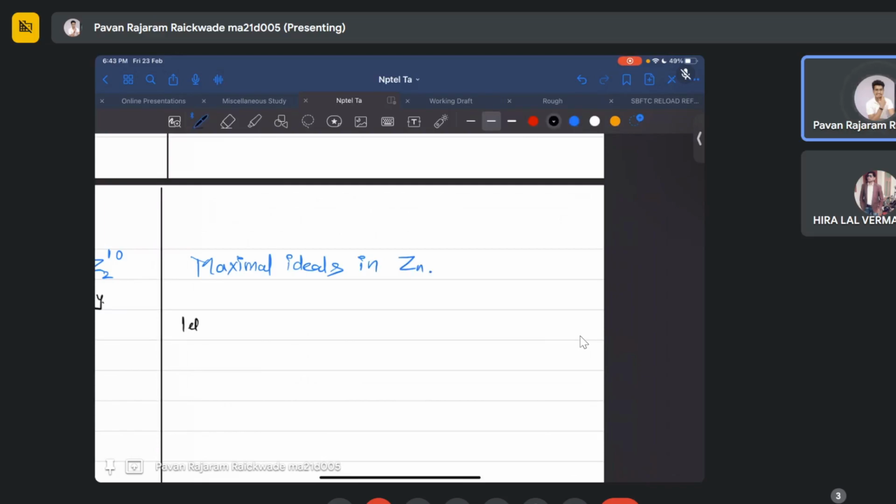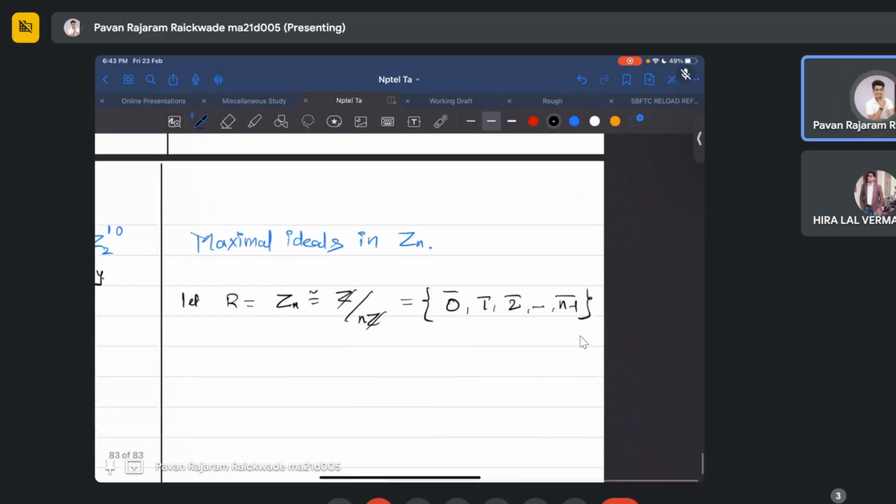So let R be the ring Zn, which is basically Z quotient nZ. How do you write this? This is like 0 bar, 1 bar, 2 bar, up to n minus 1 bar, right? This is a ring with the operations addition modulo n and multiplication modulo n, as you know.